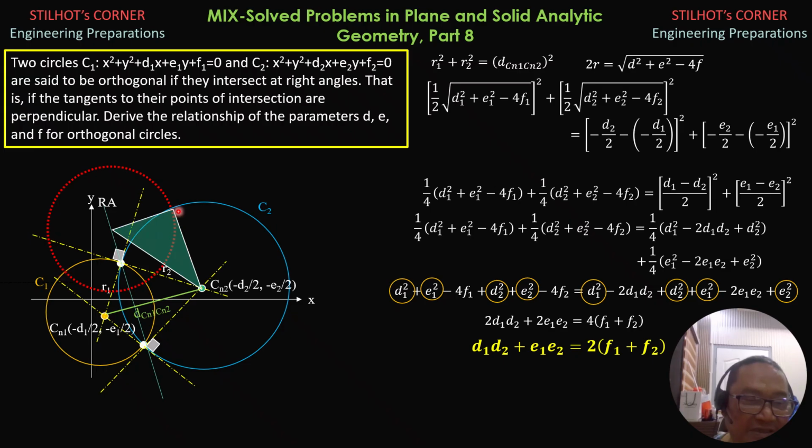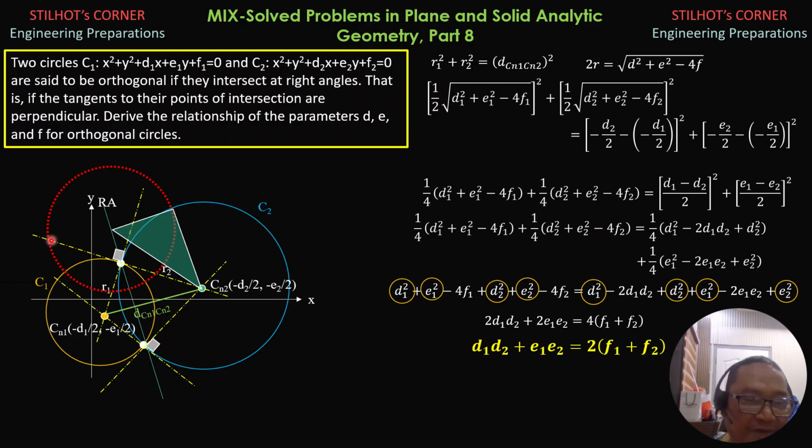So this is the first point of intersection, the center of this red dashed circle, third circle, which is orthogonal to this circle 2. The center is here on the radical axis, and this is 90 degrees. So that's the radius of the third circle, radius of circle 2.